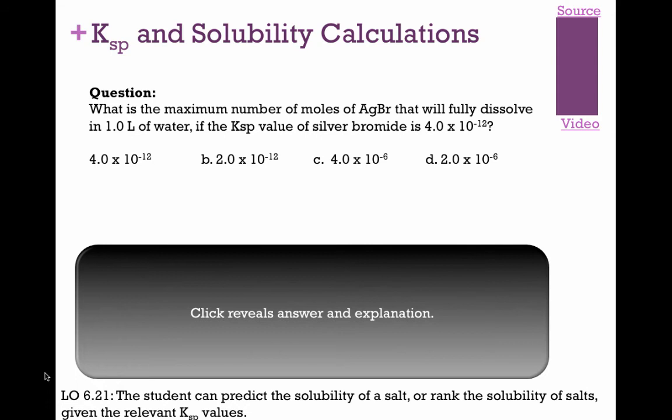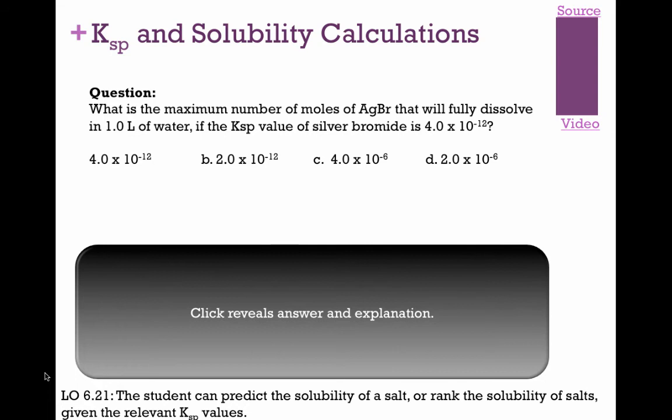If they give you the Ksp value, which they have to if you have to use it, then you're going to be using Ksp. It's at equilibrium. K is equilibrium. If you see Ksp, you're going to have a double arrow. If it says saturated solution, that's Ksp.